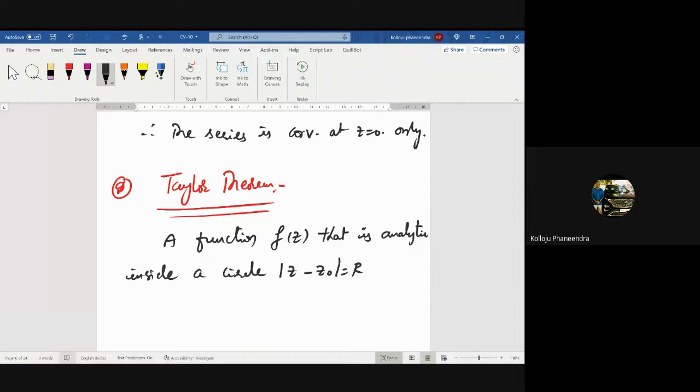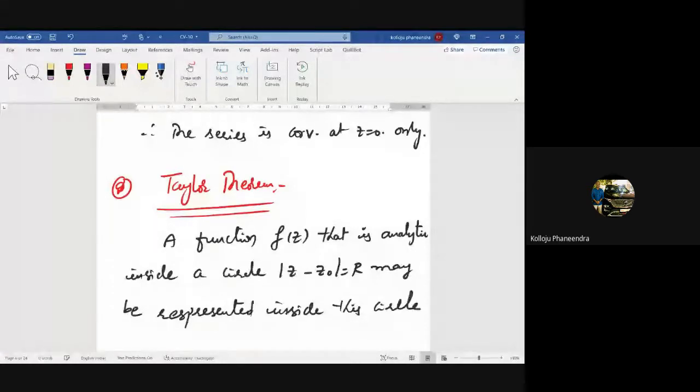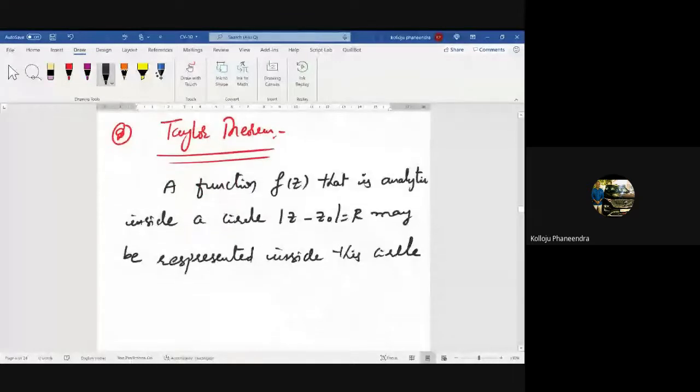See, what is the condition? f of z is analytic inside the circle with center at z0 and radius r. Then f of z may be represented inside this circle as a convergent power series.